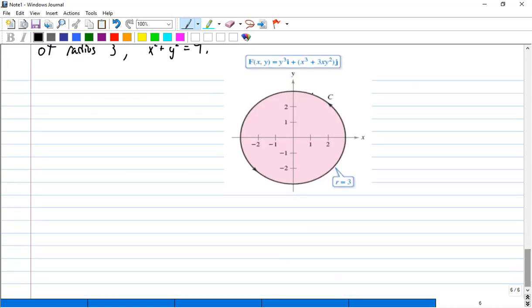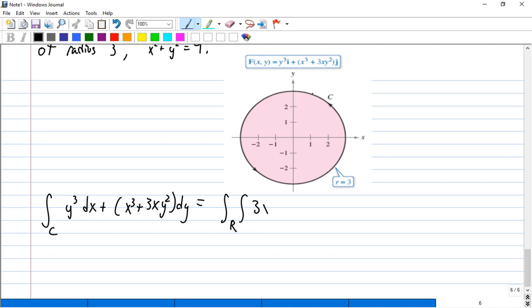So we already know by Green's theorem, and you already have this written down, but you may want to write it down again, that the line integral of y cubed dx plus x cubed plus 3xy squared dy was equal to the double integral over the region of 3x squared dA. We figured out how to set all that up. We changed it to dy dx, we changed our boundaries, and we had to take partial derivatives. We plugged them in, and that's what we got.